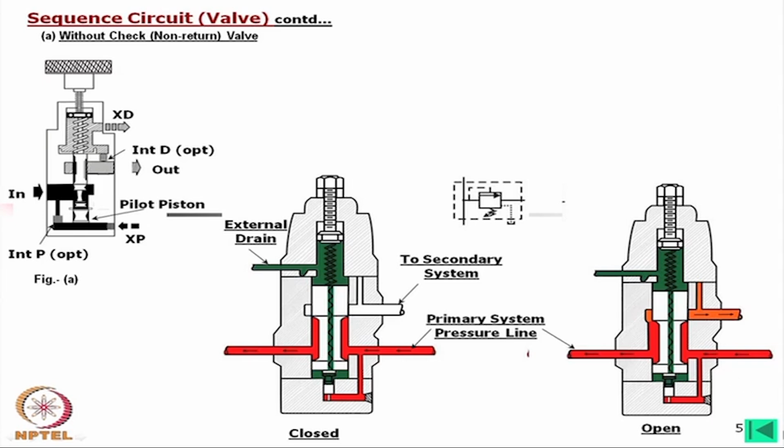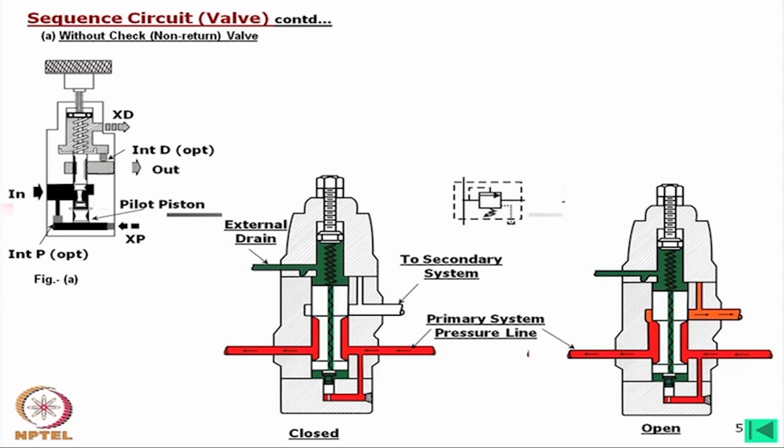Now, we are coming to the sequence valve circuit actually. This valve we have already studied, and it may be without a check valve, that is for only one side flow.